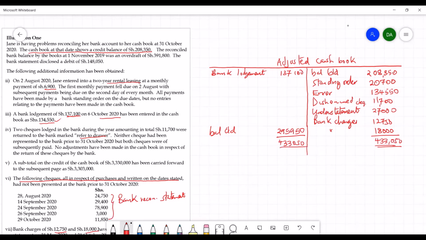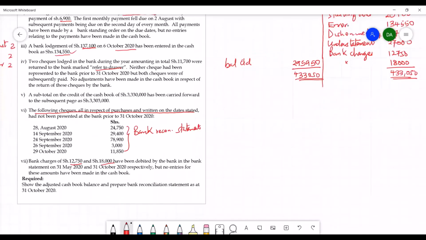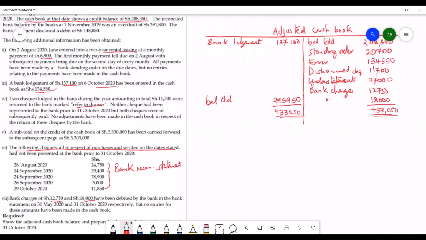That is now the total, and the balance is 295,950. Now we take that balance and use it to prepare the bank reconciliation statement, as follows.